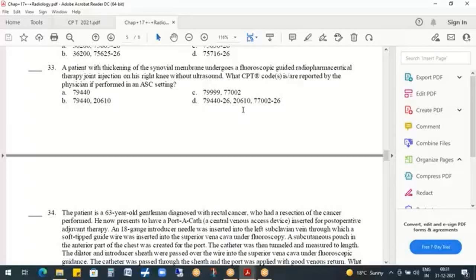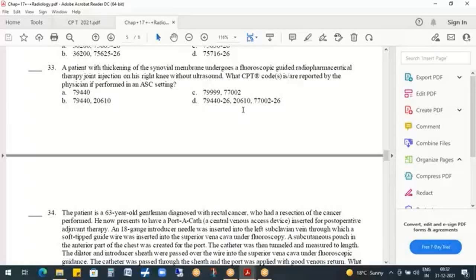Next point. It is used for supervision or interpretation of the report. First point, it is used for professional or physician services. Second point, it is used for interpretation.